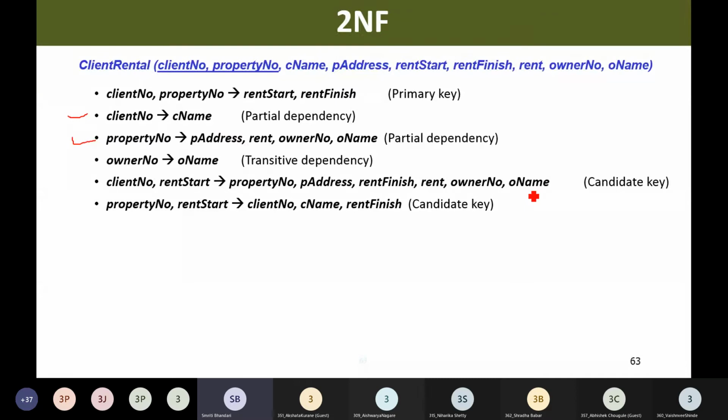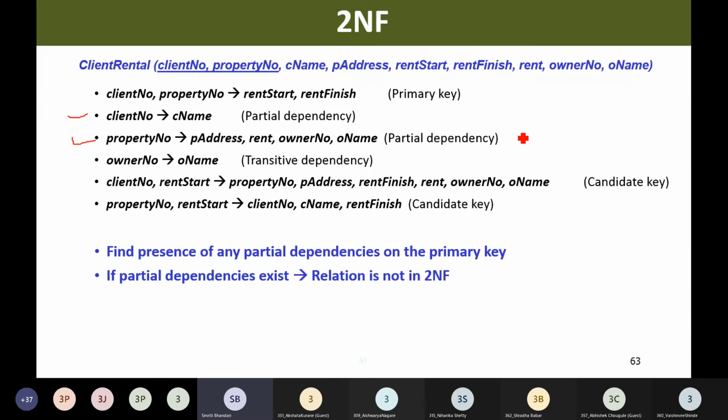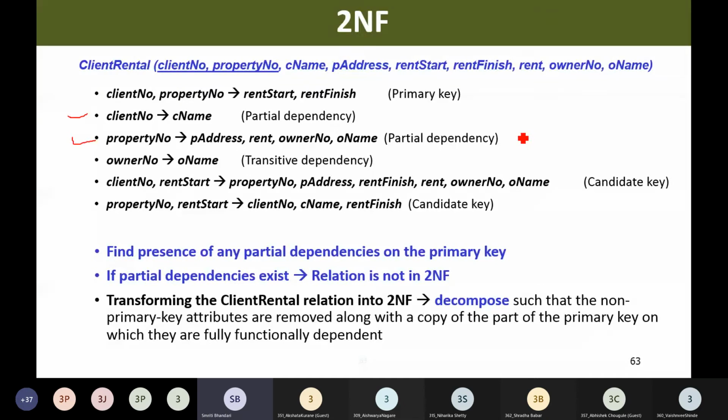So now, once we have identified the dependencies, and specifically the partial dependencies in our relation, we need to convert the relation in 1NF into a relation which is in 2NF. As I stated, if partial dependencies exist, the relation is not in 2NF, and we would like to transform this client rental relation into 2NF.